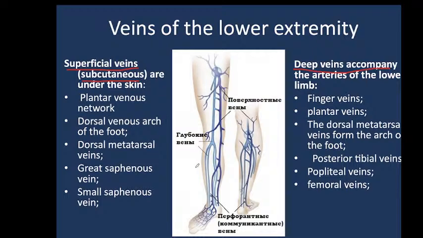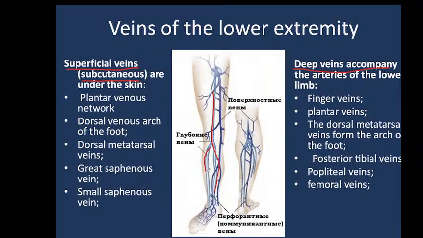In the lower limb extremities, we distinguish two great superficial veins. First is the great saphenous vein. Here you see it, and it takes blood from mostly all parts of the lower extremity.